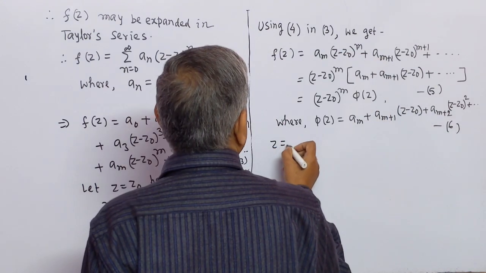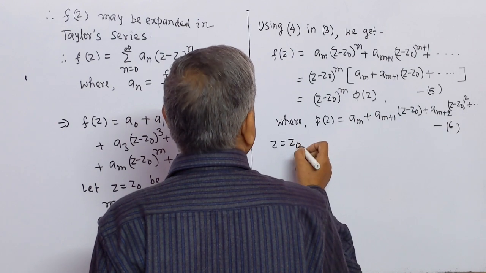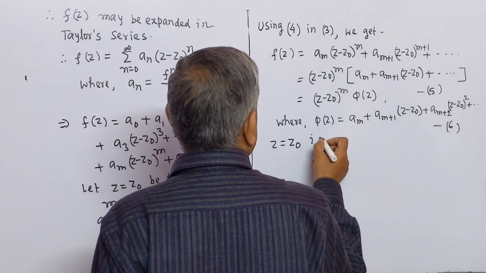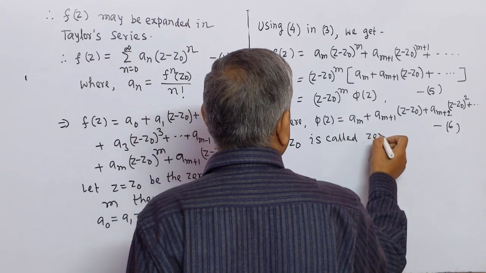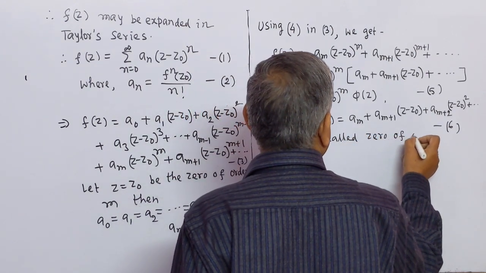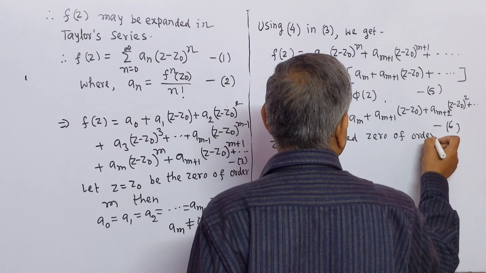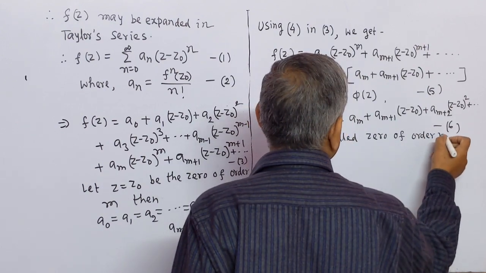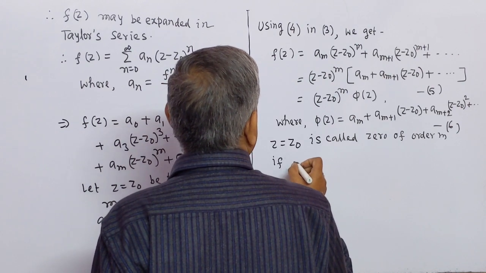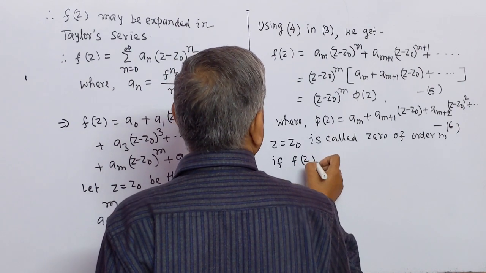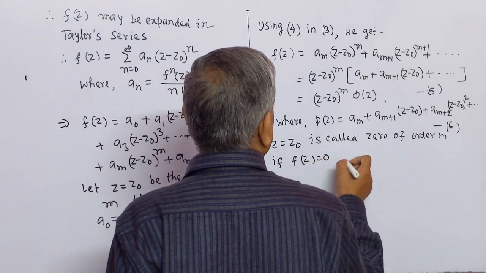Z equal to Z naught is called a 0 of order m if g(z) is not equal to 0.